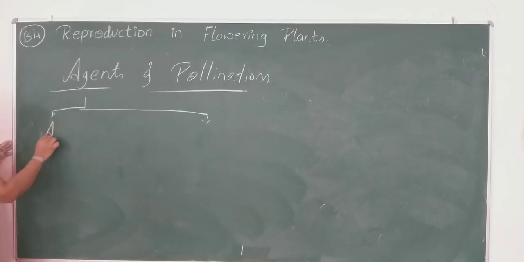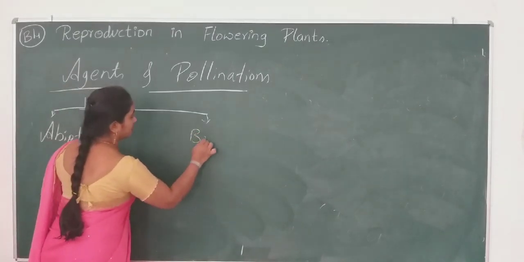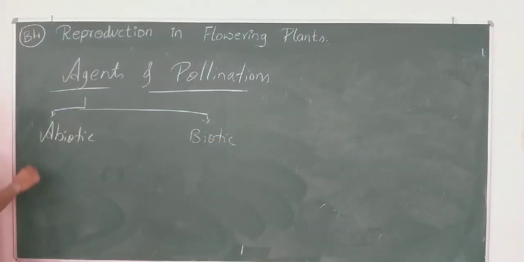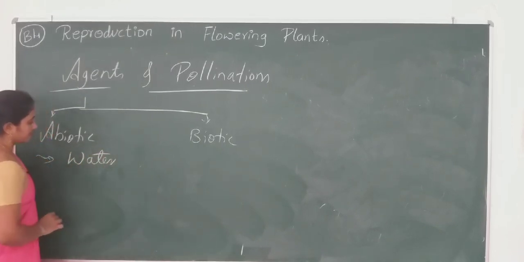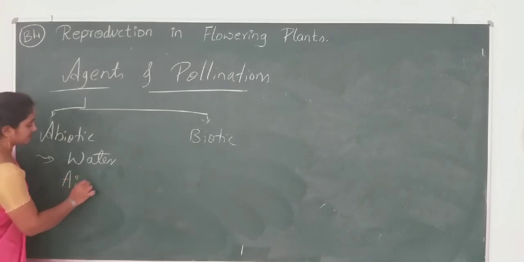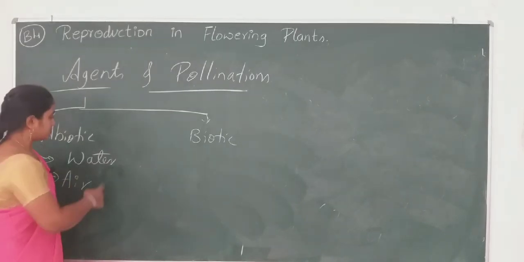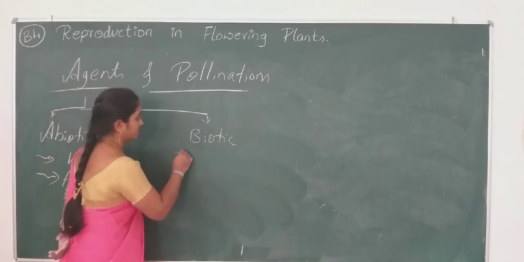One is the abiotic agent, another one is the biotic agent. Abiotic agents are water and air, non-living things. They also help in the transfer of pollen grains from one flower to another flower.